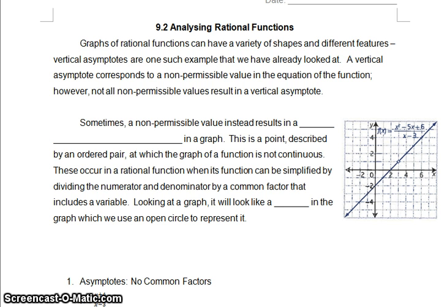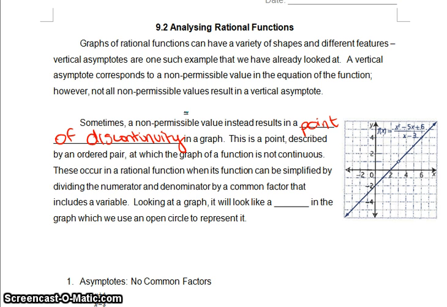What it will actually result in is a point of discontinuity. You might remember I briefly mentioned this word last section.